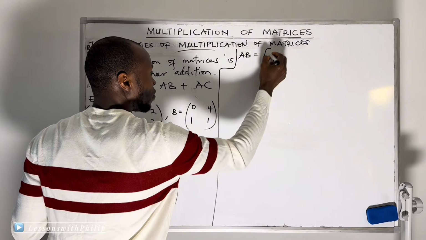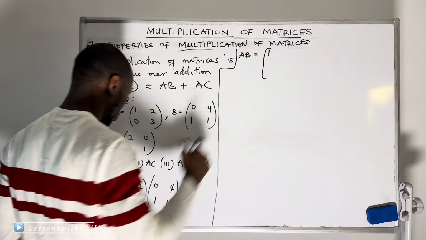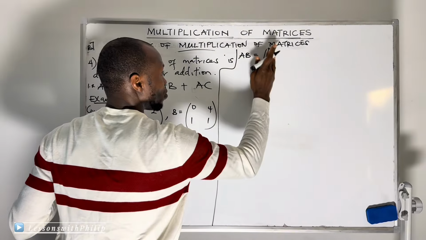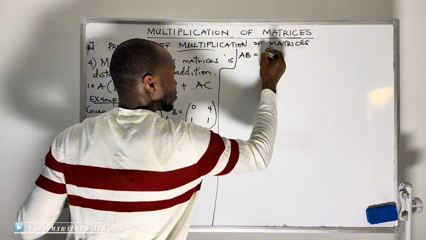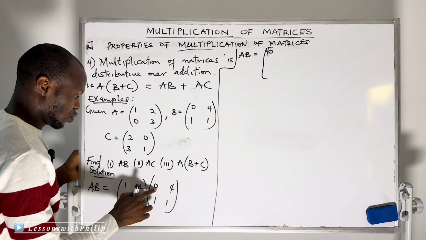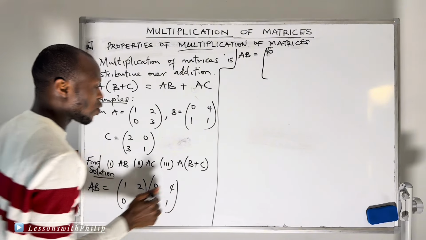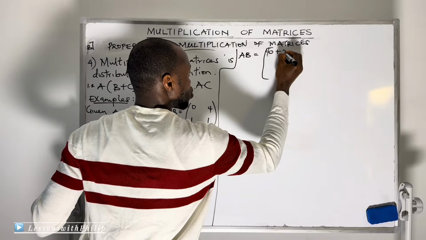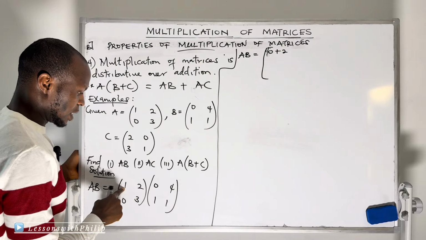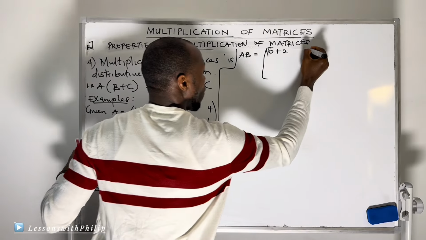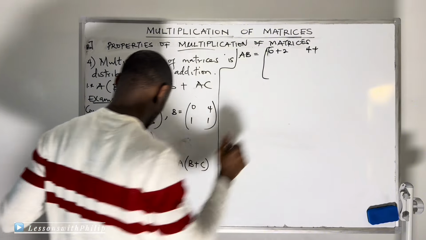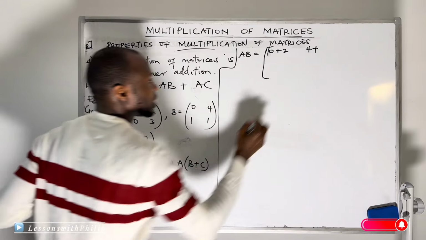That is 1 times 0 is 0. Okay? 1 times 0 is 0 plus 2 times 1. 2 times 1 is 2. Okay? 1 times 4, that is 4. Plus 2 times 1, that is 2.